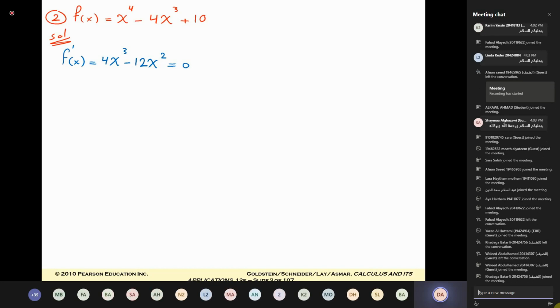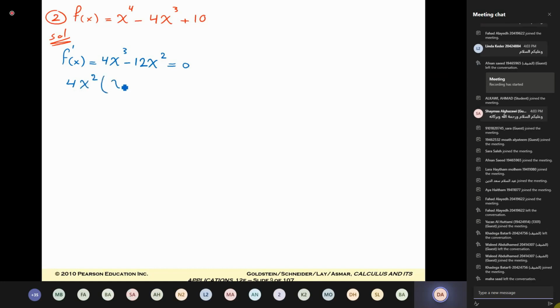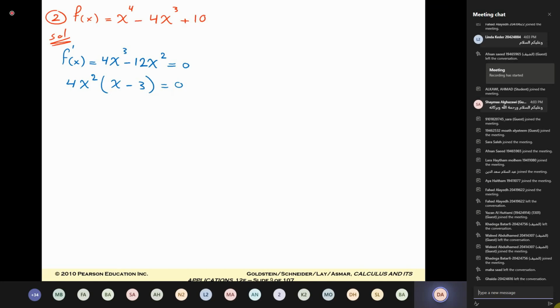Okay, take 4 as a common factor, and we can take also x square as a common factor. This is the common factor. We can take only x square, so inside the brackets we have 4x minus 12 like this, no problem.